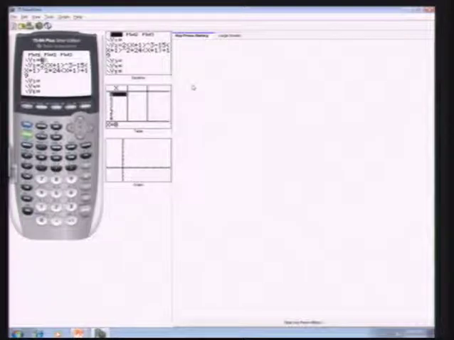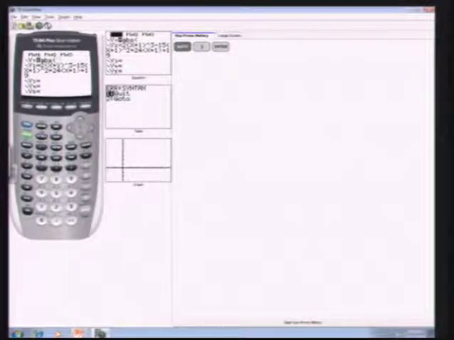We want to put in absolute value of x squared minus 9. Now, where do we look for absolute value? Let's look under our math screen, go over to numbers, and notice ABS. ABS stands for absolute value. So I'm going to hit enter, and notice it puts absolute value up here in my equation.